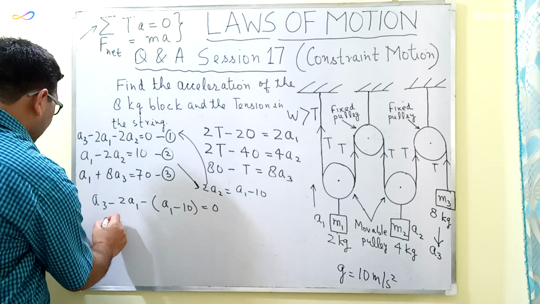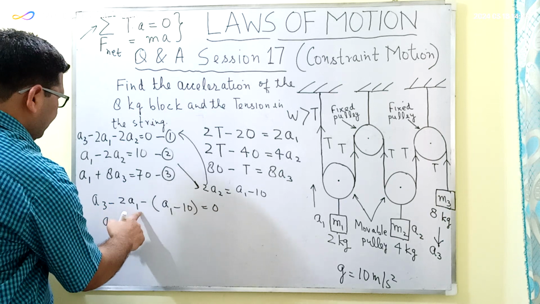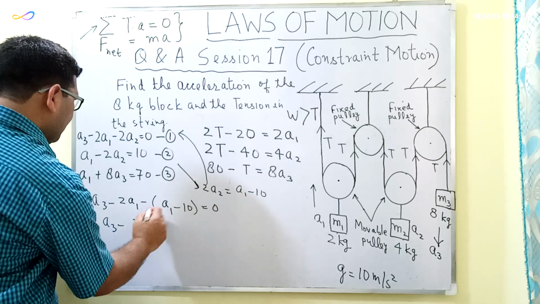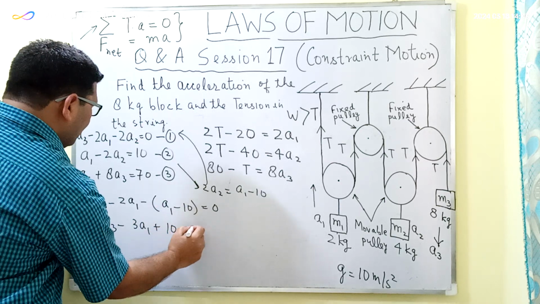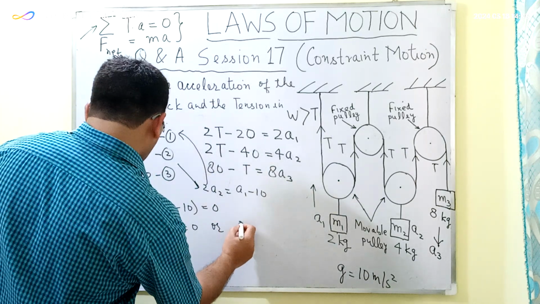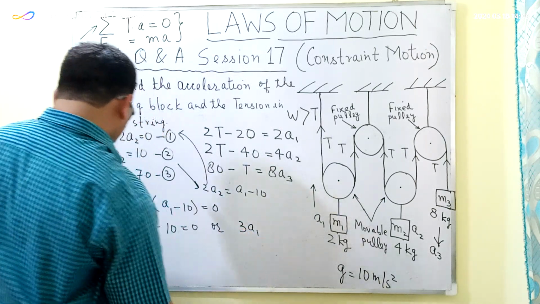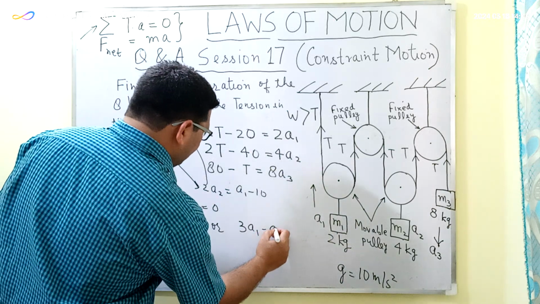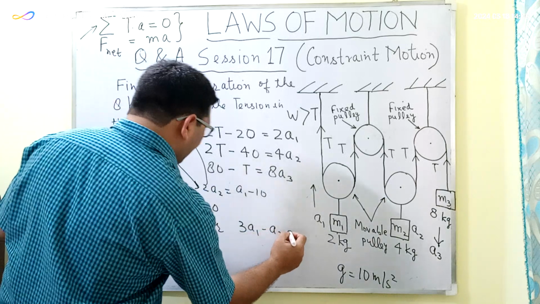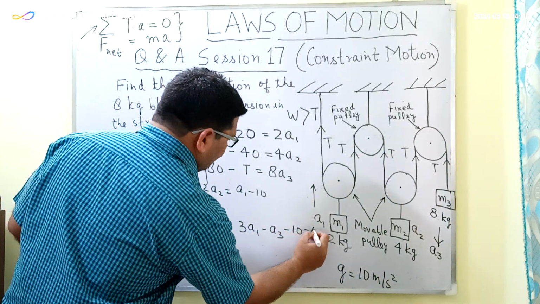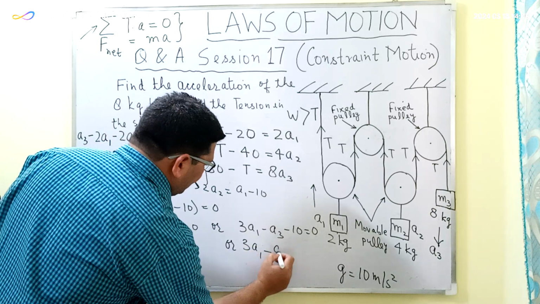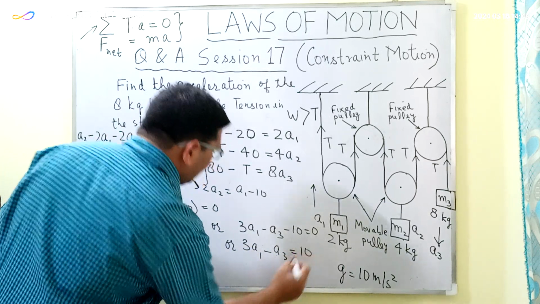So A3 minus 2A1 minus A1, this is minus 3A1 plus 10 is equal to 0. Or we can simply say 3A1 minus A3 is equal to 10.